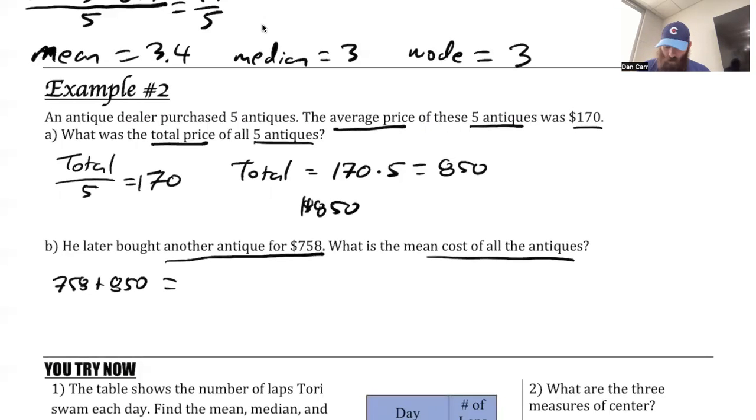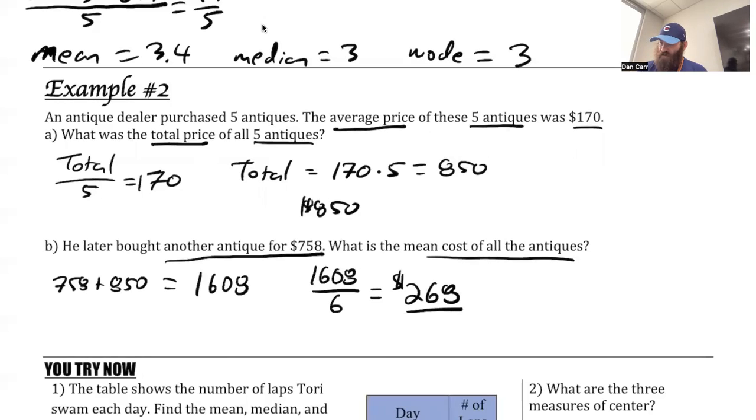So we do that, we get a new total of 1,608. Okay. So if I'm at average, we're going to take that 1,608 divided by the new number of antiques. So we actually have a total of 6 antiques now instead of 5. So we divide that out, and I get $268. So that's my new average here, 268 versus the original 170.